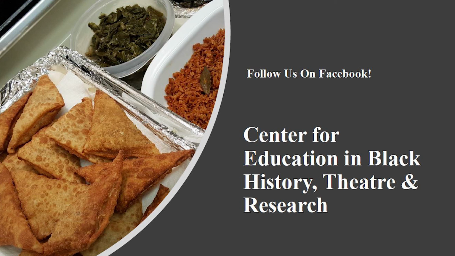And FYI, that food in that picture, those fancy fried pastries, that's called samosas or sambusa. That's an East African dish, and they're very tasty. Inside of them, East Africans will put ground beef. I use ground turkey in mine, so I use the same kind of seasonings they use, but I use ground turkey. And they always have a green vegetable like we do, greens or some green leafy vegetable.